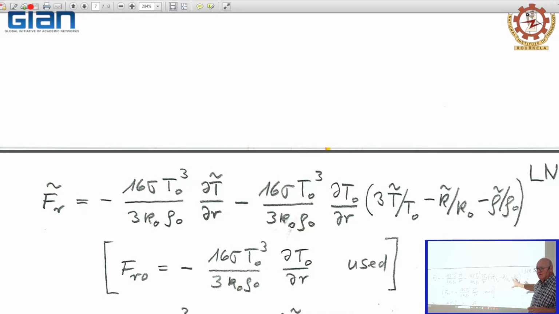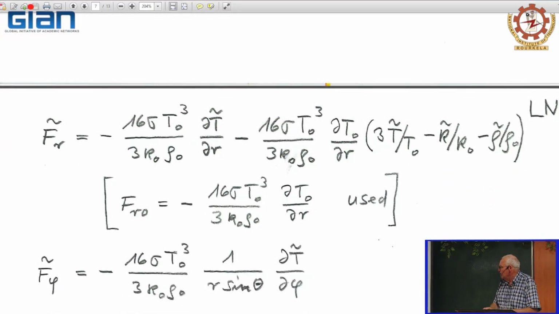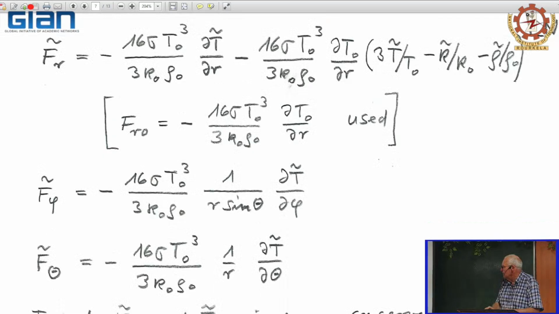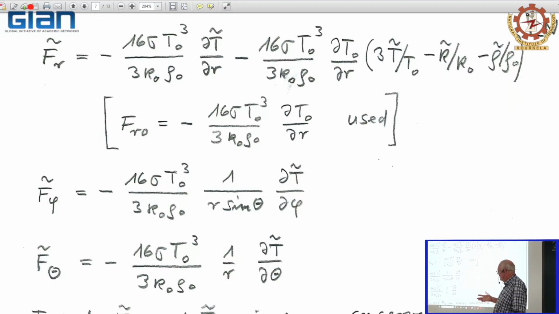So this equation looks very much like the equation we have already had, but we have two additional equations, and we take into account that we can take the diffusion coefficient to be the unperturbed quantity.